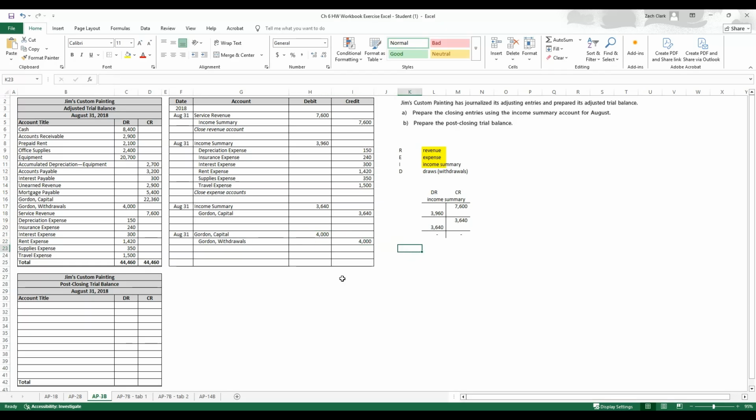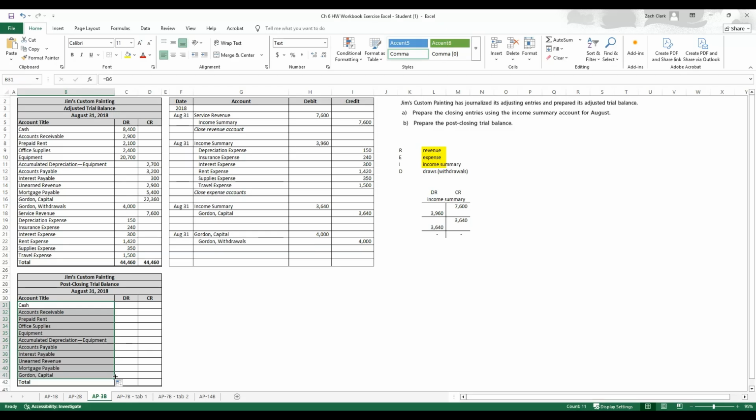Okay. And then to finish this problem off, we need to prepare the post-closing trial balance. The effect of all of these closing entries has been to zero out all of these accounts. These are all the temporary accounts that we just closed with these closing entries. So now we're going to bring down our post-closing trial balance.